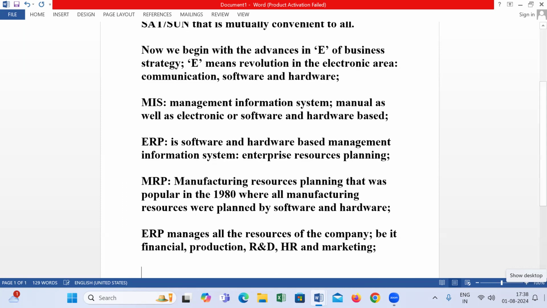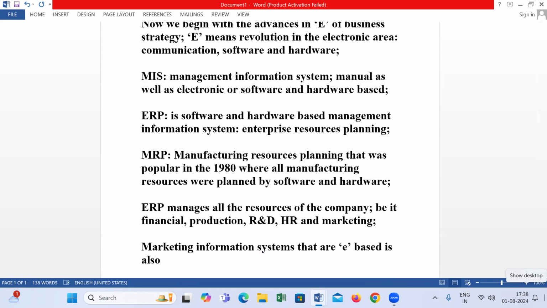But generally, as the convention goes, the marketing information systems that are e-based are also known as CRM.